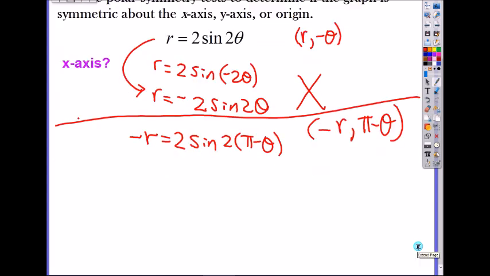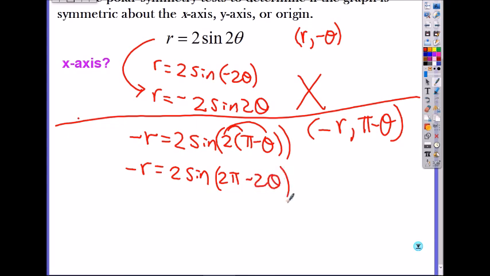Negative r equals 2 sine of, so here's double parentheses, right? What's 2 times pi? 2 pi. What's 2 times theta? Minus 2 theta. So this becomes what? The difference of sine. What was the difference of sine?